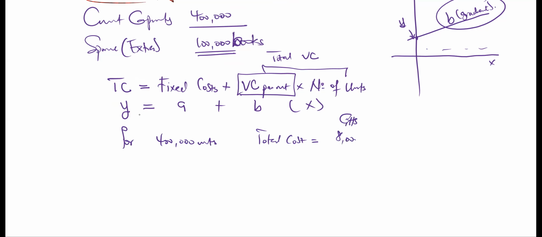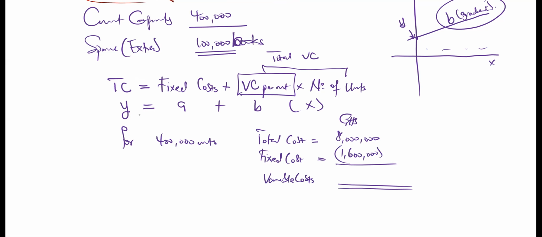Okay, if total cost was 8 million, and they are telling us that out of that 8 million, fixed cost was how much? 1.6 million. Okay, so now when we take this out, it means that how much becomes our total variable cost? 6.4 million.